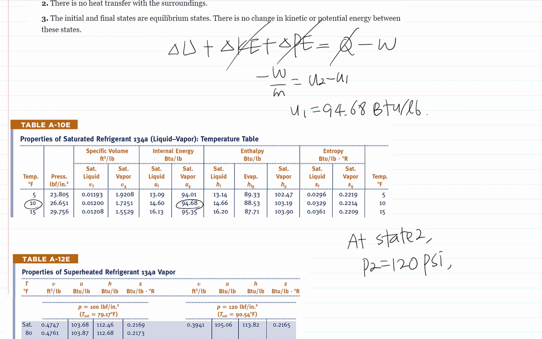We also know that it undergoes an isentropic process. So s2 equals s1. So s1 is 0.2214 BTU per pound degree Rankine.